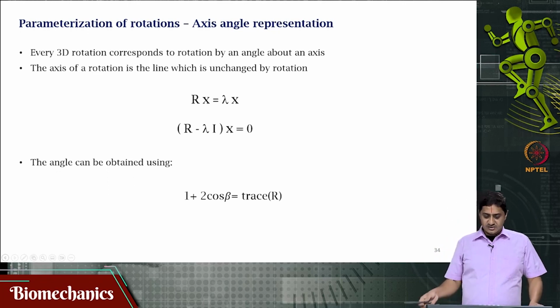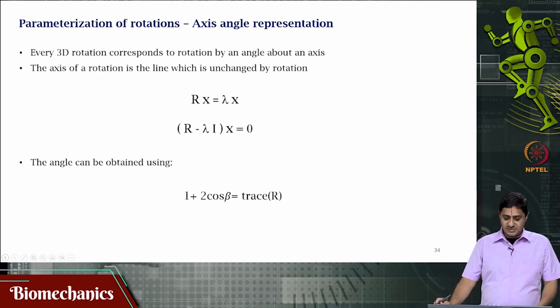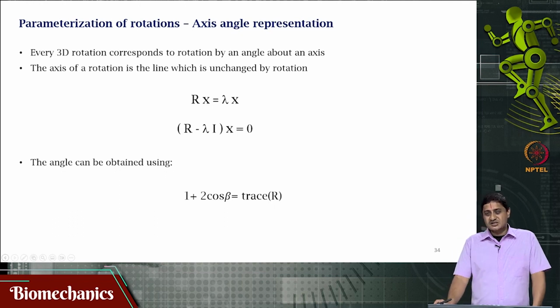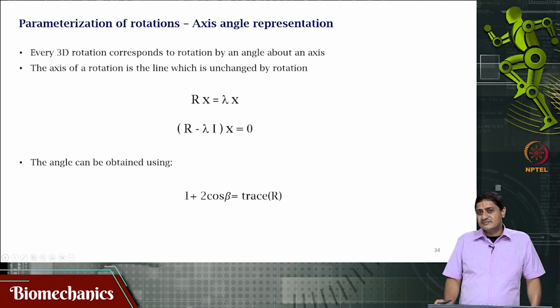Okay. So, suppose R is a rotation matrix. I can perform an eigenvalue decomposition and represent this as Rx = λx. So, the characteristic equation then is (R − λI)x = 0. And the question is what is this x?